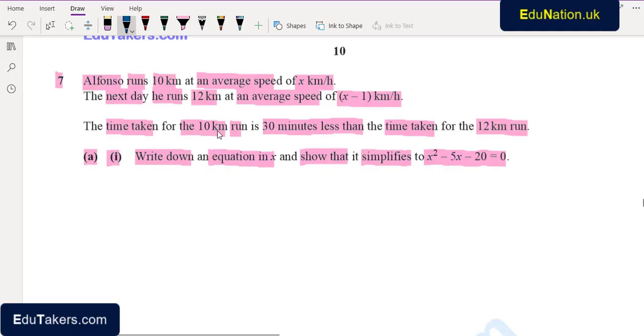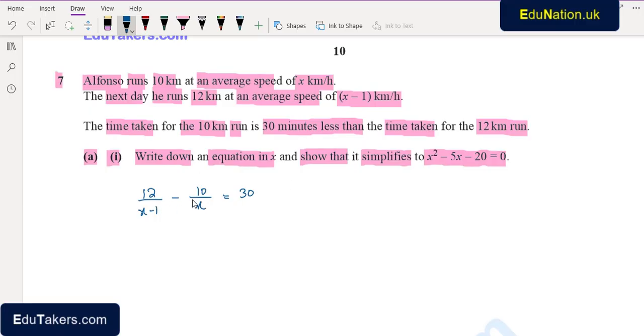Time taken for the 10 km run is 30 minutes less than the time taken for the 12 km run. For the 12 km run, speed was x minus 1 km per hour. This will be the time for the 12 km run, minus the time for the 10 km run, which will be 10 over x, since speed was x km per hour, equals 30 minutes.